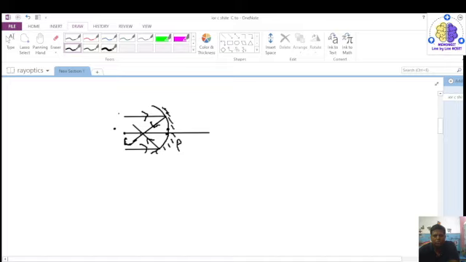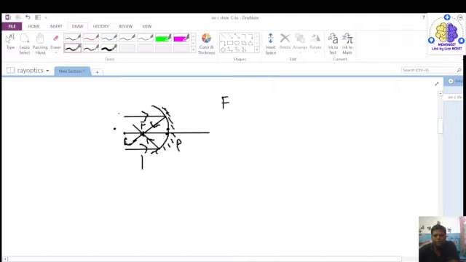Now both the reflected rays are passing to the same point, and this point where both the light rays after reflection are meeting is known as the focus. That is the principal focus, represented by capital F. So this is your principal focus. That is, whenever a light ray which is parallel to the principal axis after reflection passes through a point where all other light rays which are parallel to the principal axis are also passing, that point is known as the principal focus, right?